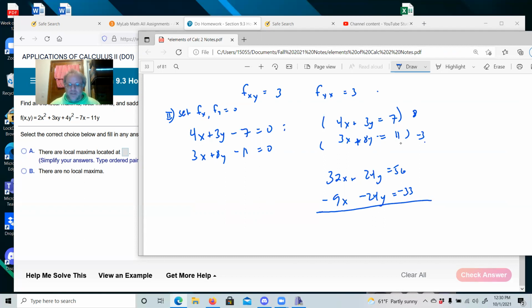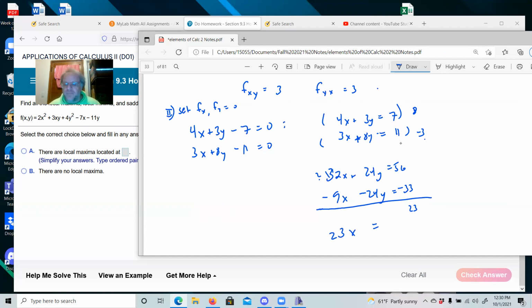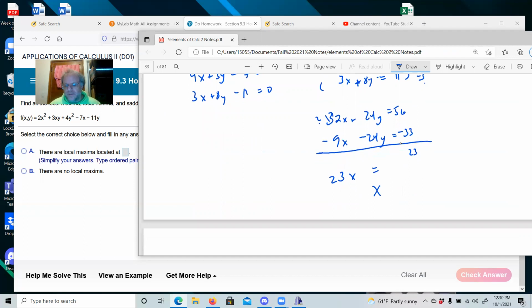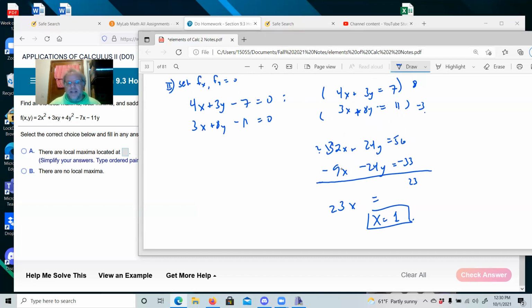All right, this cancels. 56 minus 33, what is that? That's 23. And then 32 minus 9. And here we have 12 minus 9 is 3. Hey, look at that. 23x equals 23. Okay, go figure. X equals 1. You can use this x equals 1 in either of the representations we have from before.